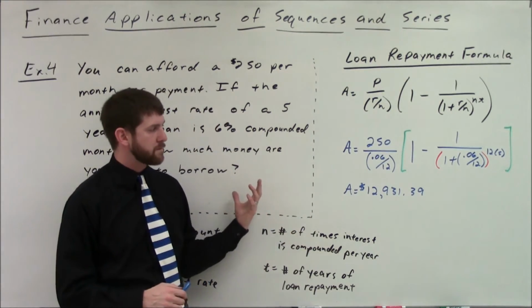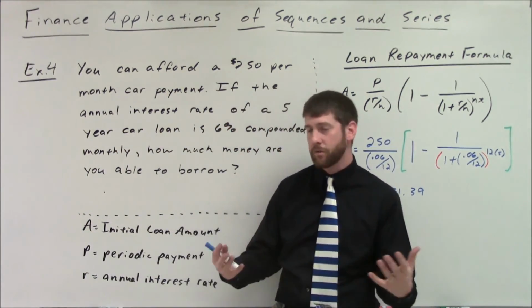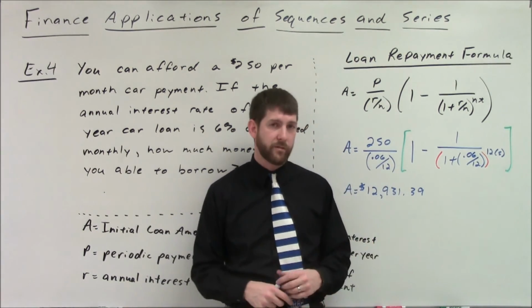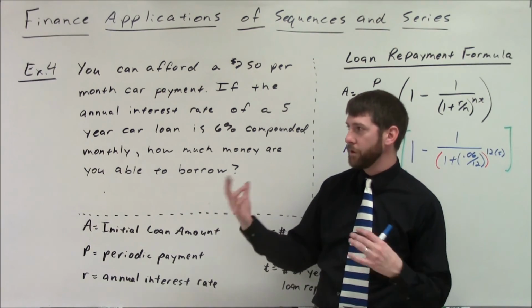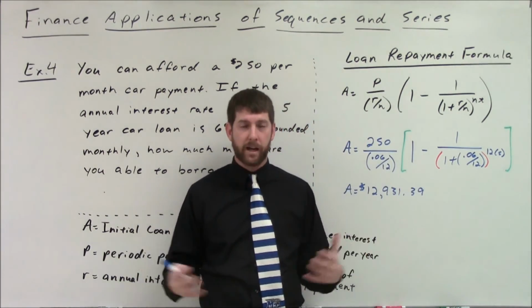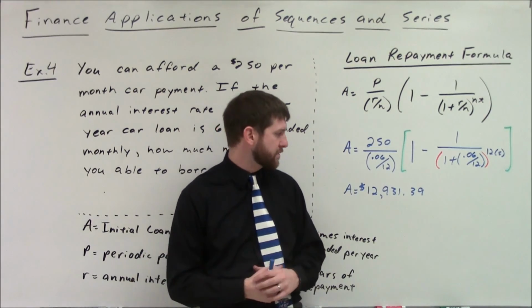We'll look at some problems in class that deal with looking at houses and things like that, student loans over a longer period of time than 5 years. So we'll get to see that big impact of compounding and those interest payments over those long periods of time.